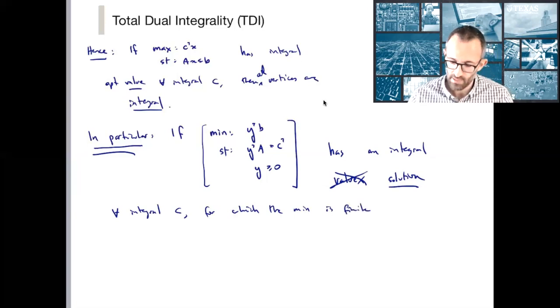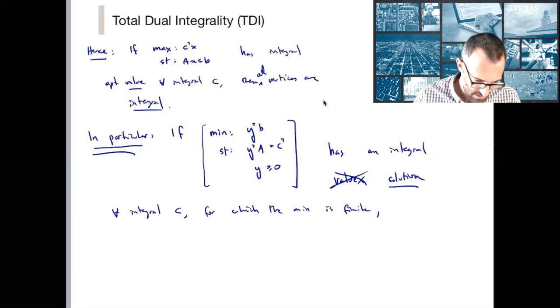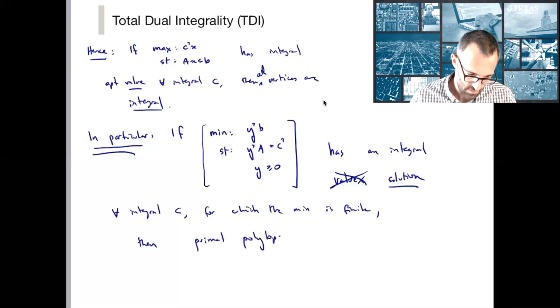Again, we know that the min is going to be finite as long as the primal is feasible. Then the primal polytope is integral.